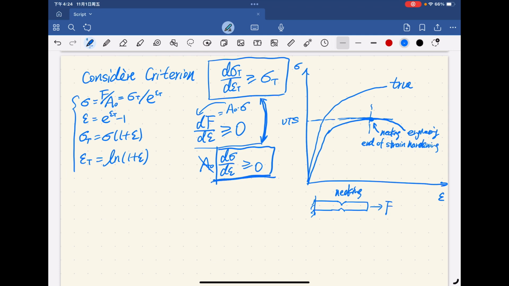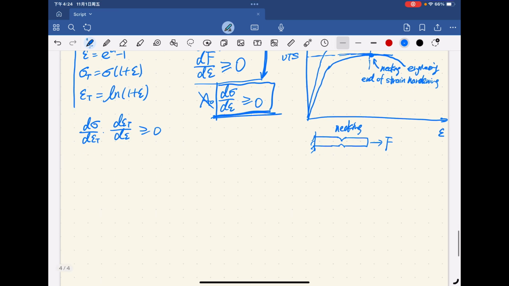So for this expression, we know that d sigma over d epsilon t times d epsilon t over d epsilon is larger than or equal to 0. For the right side of this expression, this is very straightforward.